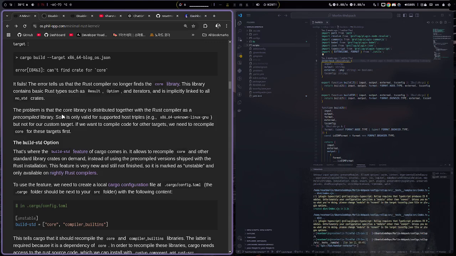The reason it fails is that the Rust compiler has a pre-compiled library, and there are so many things. Normally we write Rust code or C code, and we compile it. It means that before it runs the code, it converts the whole code into machine code and executes the machine code, right? That's how a compiler works.